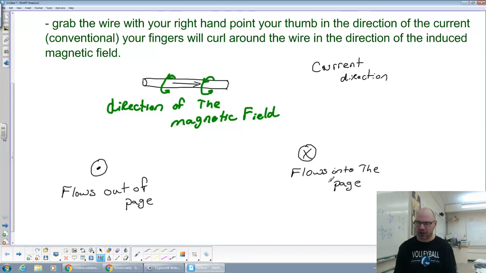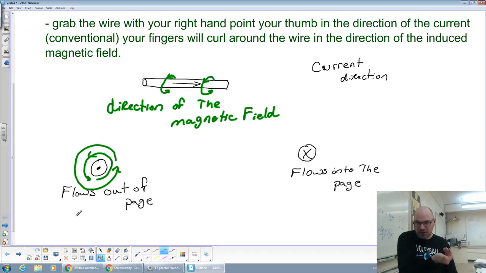If we take our right hand rule and we say flowing out of the page, the magnetic field is going to curl around in this direction. If we say it's flowing into the page, we point our thumb into the page, and it's going to flow in the other direction.